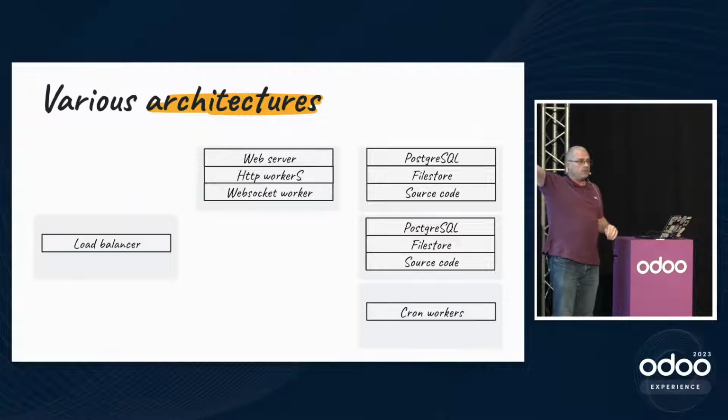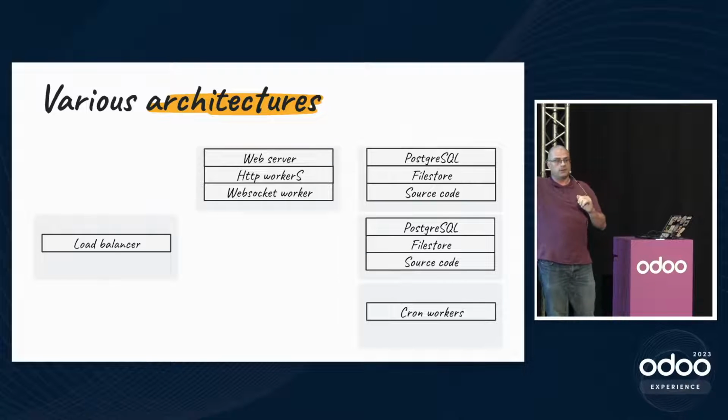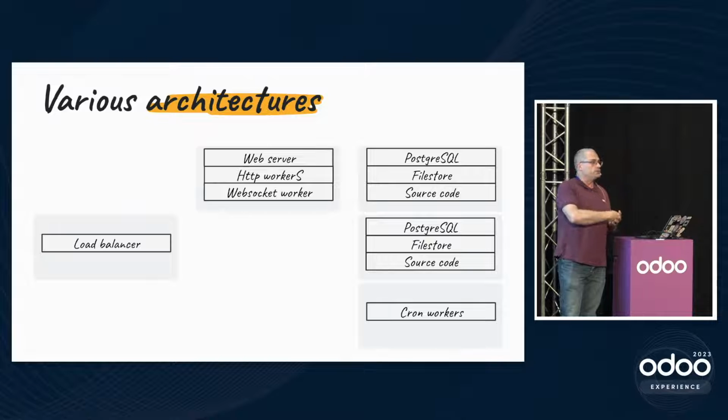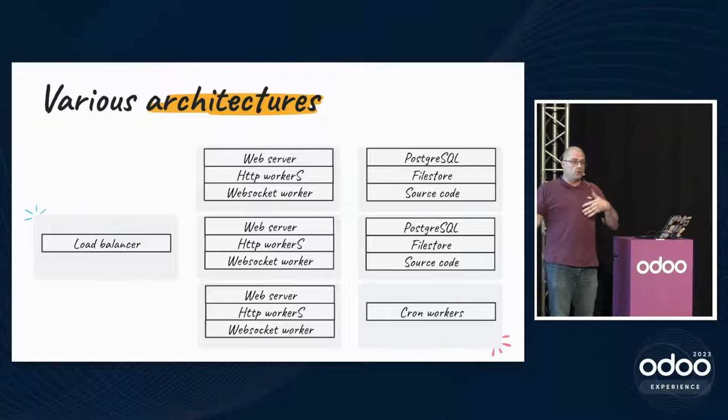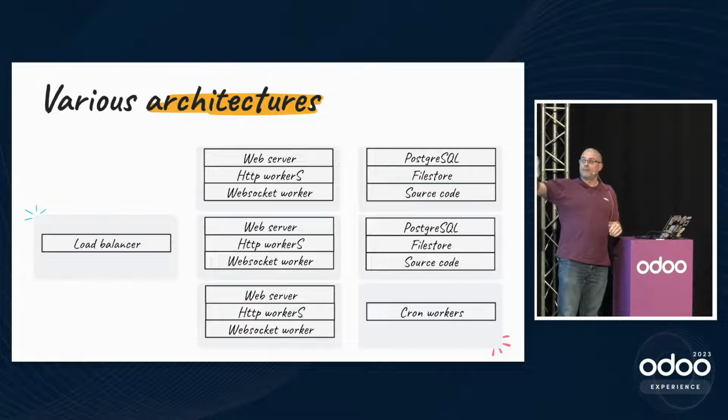I said earlier, the Odoo box doesn't have anything stored in it. If it was failing, you just have to pick an image of the machine and restart it. Basically, to achieve a load balanced deployment, you just have to duplicate the machine. So here we have achieved a load balanced deployment.